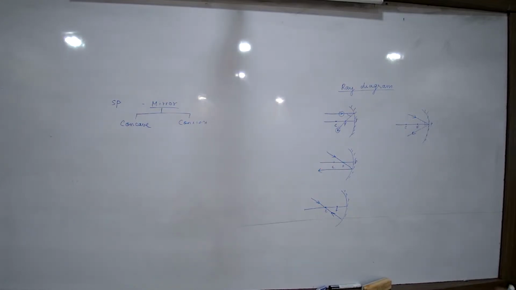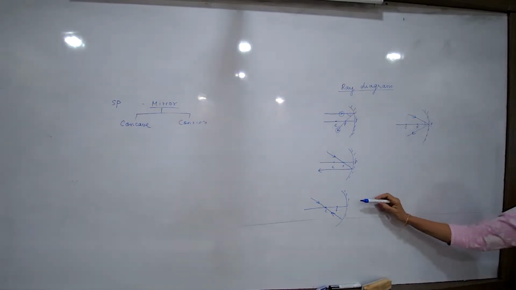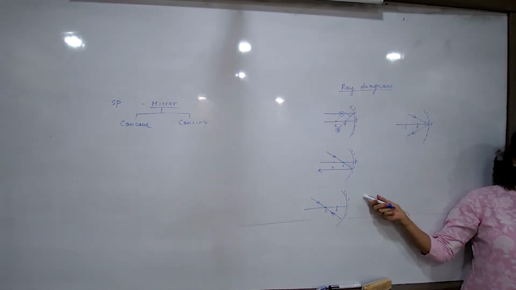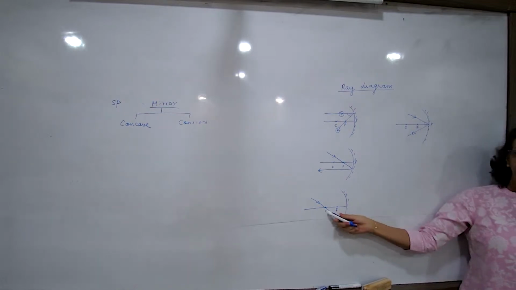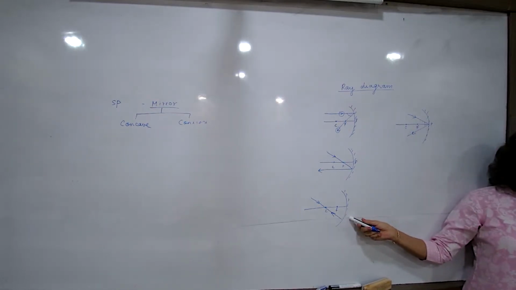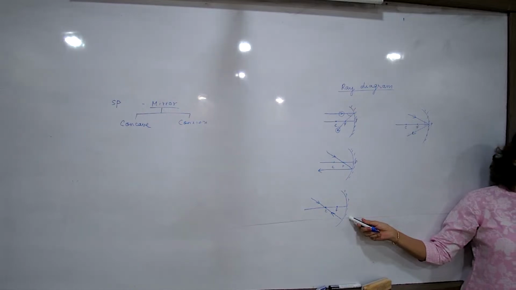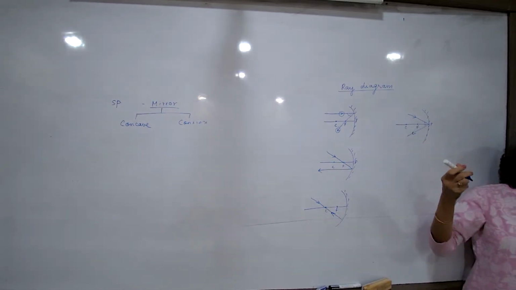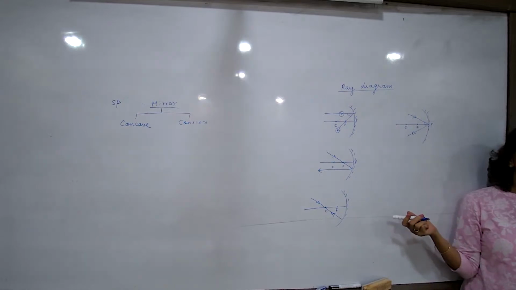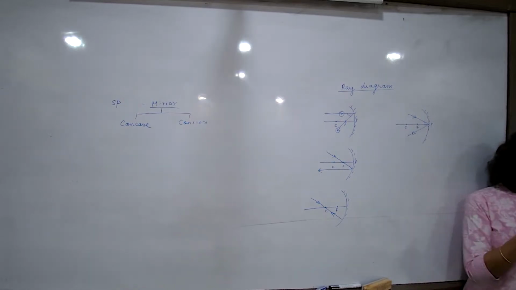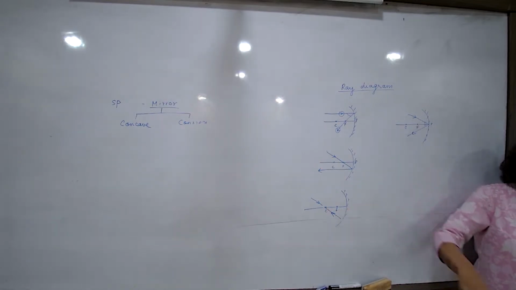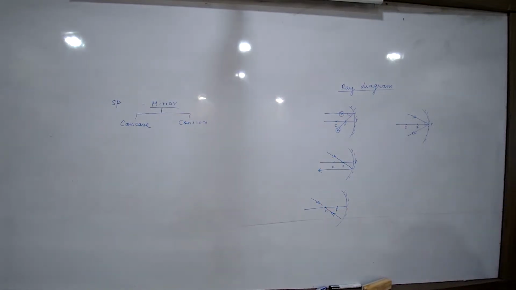Okay. How will you describe this? All of you look at the board. How will you write for this? Passing through the center of curvature. The reflected ray passes through the center, or it retraces its path. Why does it happen? Because it is passing through the center. So what is this? It's a normal. It is the normal to the rays.